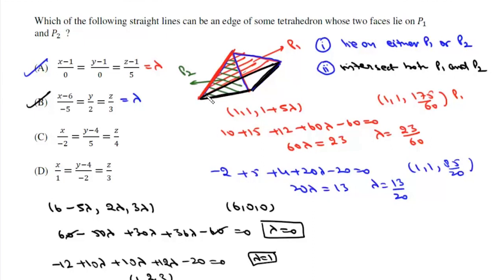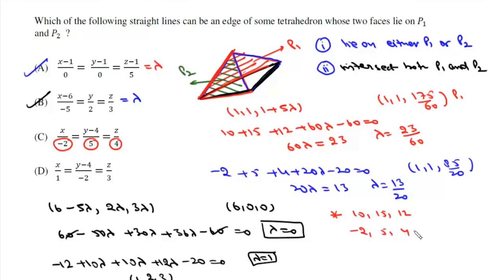Now in this case, it can be an edge if and only if it either lies in P1 or lies in P2. That means the dot product of direction ratios of this line and either of the two planes must be 0. Now direction ratios of the two planes are 10, 15 and 12, and here they are -2, 5 and 4.